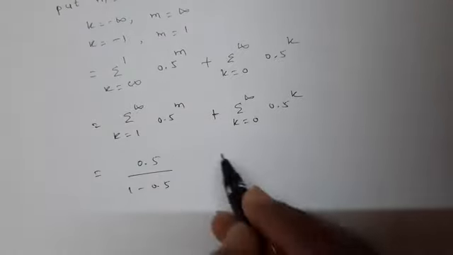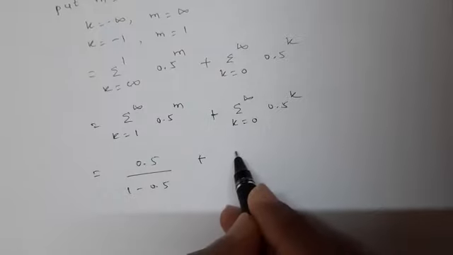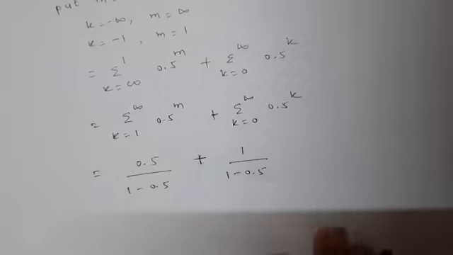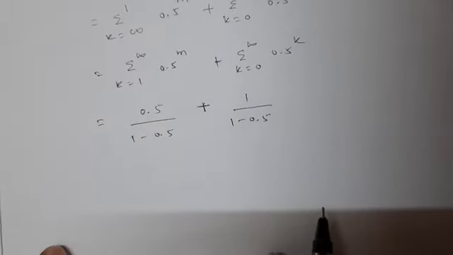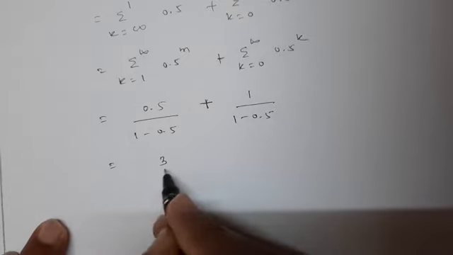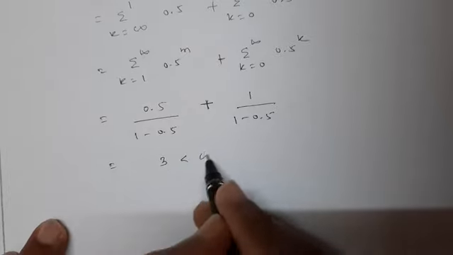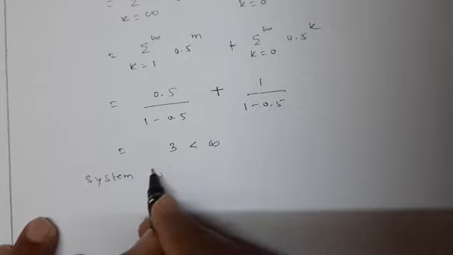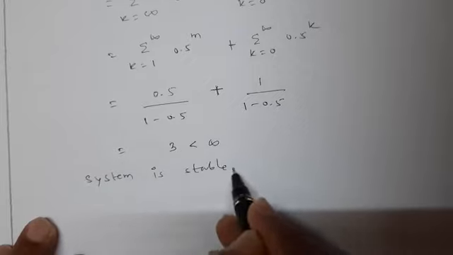Summation k equal to 0 to infinity, 0.5 to the power k, is 1 divided by 1 minus 0.5, which is equal to 3 when you add both these. You get 3, which is less than infinity, and the system is stable.